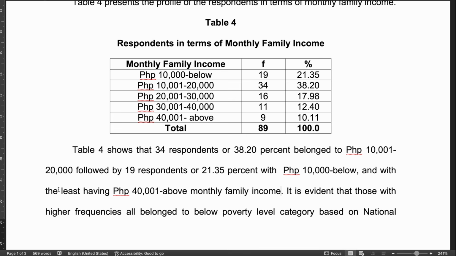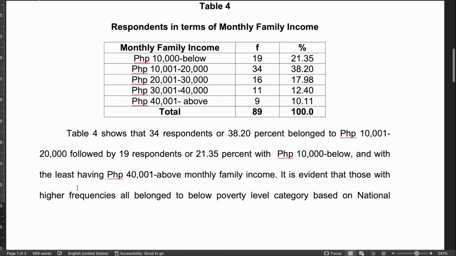And with the least having 40,001 above pesos monthly family income. So, pinakita mo dito yung highest, yung kasunod, at nag-proceed ka na sa lowest. Okay. So, dahil ang mahalaga dito, super na mahalaga ay yung highest and lowest.